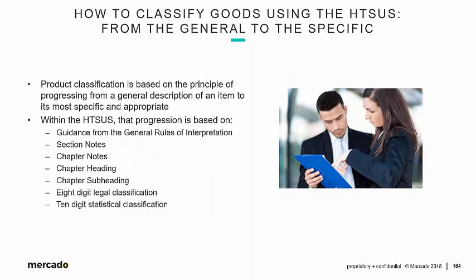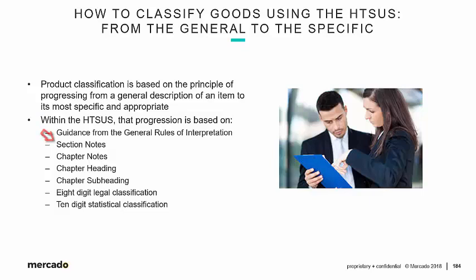As we said, and we'll state again, product classification is based on the principle of progressing from a general description of an item to the most specific and appropriate, hopefully starting off with a good solid description on the vendor's commercial invoice. Within the HTSUS, that progression is based on the following: guidance from the General Rules of Interpretation, and they are General Rules of Interpretation, 6 of them.